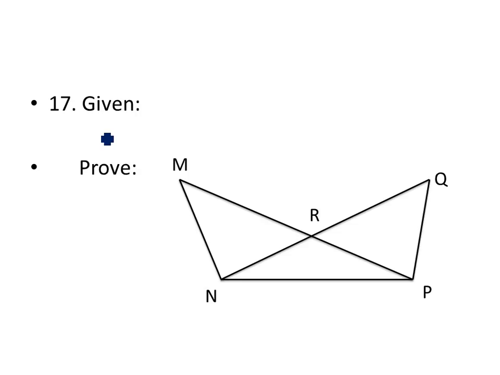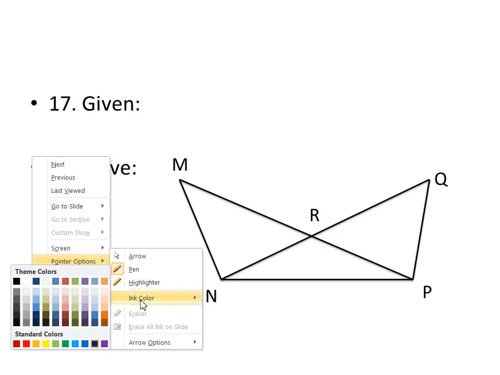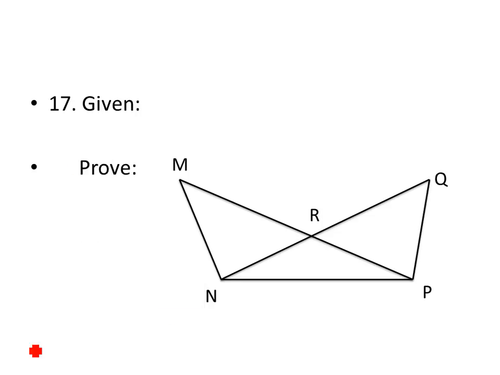All right, go ahead and start drawing this picture. I'll write the given and the prove statement in. The prove will be underneath the word prove because I messed up and didn't leave myself enough space. Let's see. This one's a little tougher.